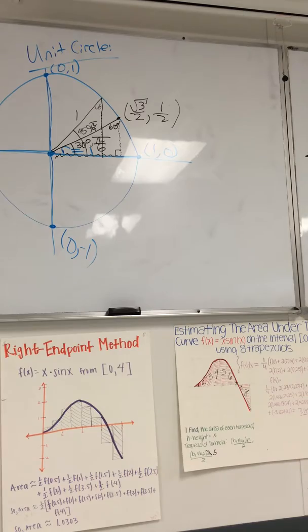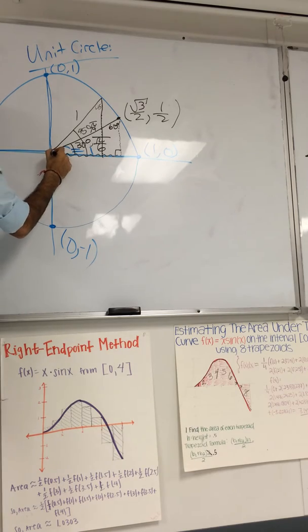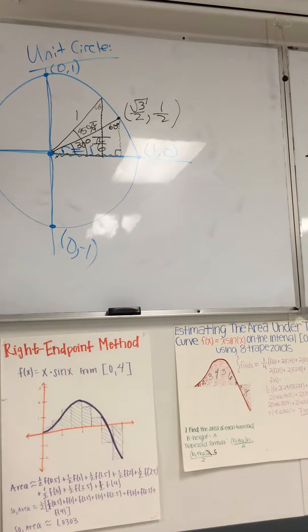Because in a triangle of hypotenuse 1, the sides are root 2 over 2 and root 2 over 2. So this distance is root 2 over 2, and this distance is root 2 over 2. I'll go ahead and label my point.